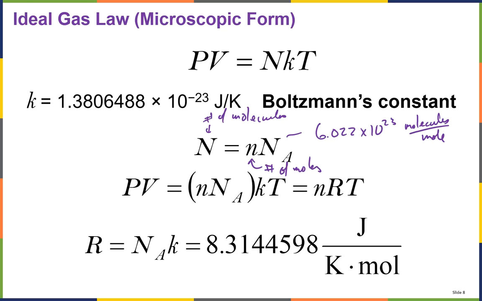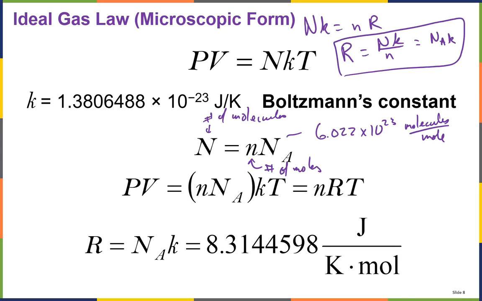So given that relationship and the fact that we had to have capital NK equal to lowercase nR, that means R is equal to capital NK over lowercase n. But from this relationship, capital N over lowercase n is Avogadro's number. And so R, which has some name like the universal gas constant, R is just the Boltzmann constant multiplied by Avogadro's constant.